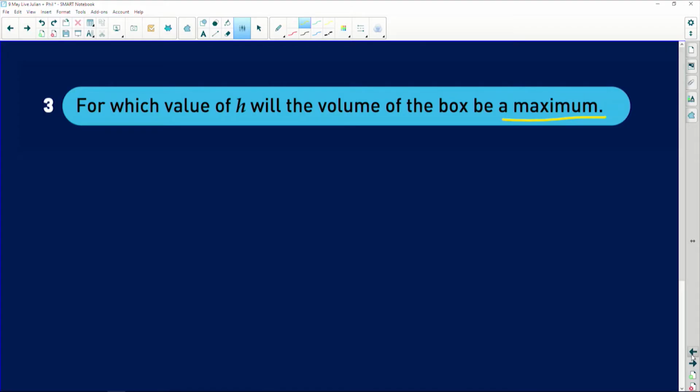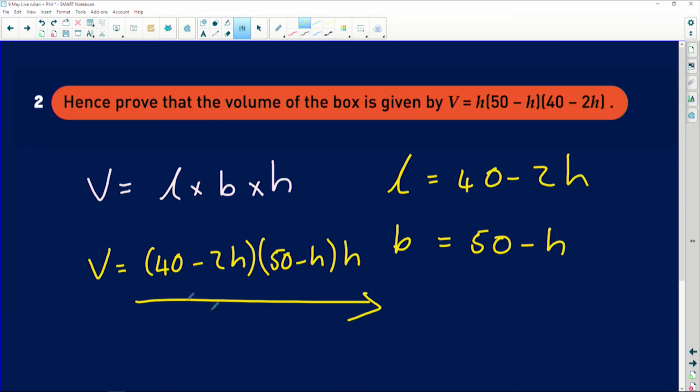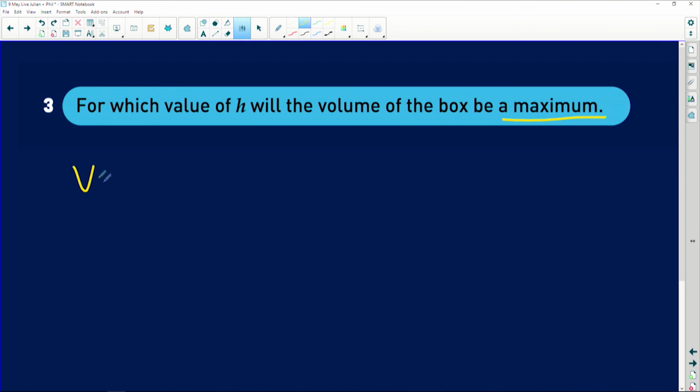So if we go back and look at my equation quickly, I'm going to take this equation over here and multiply it out. So we're going to have V is equal to 40 minus 2h multiplied by 50 minus h, and multiplied by h.